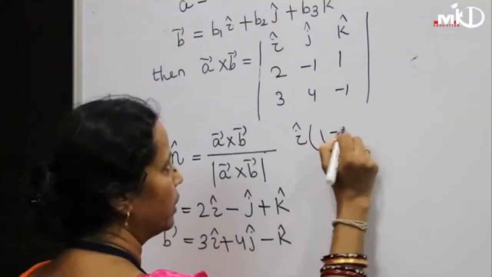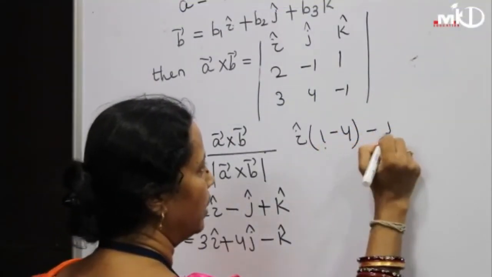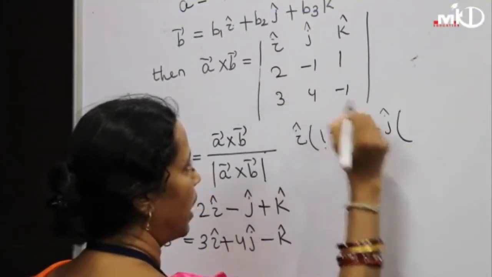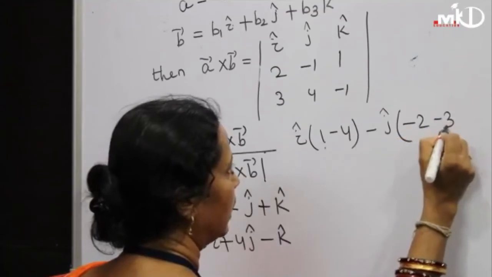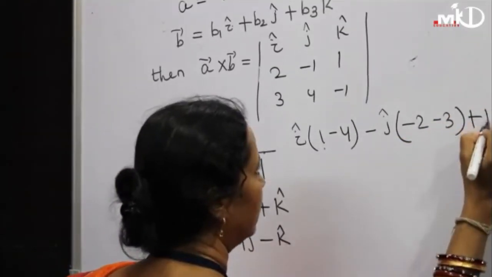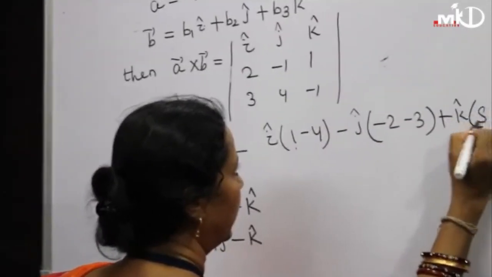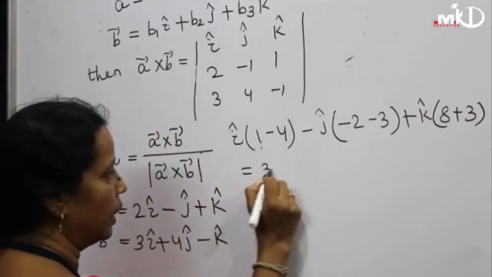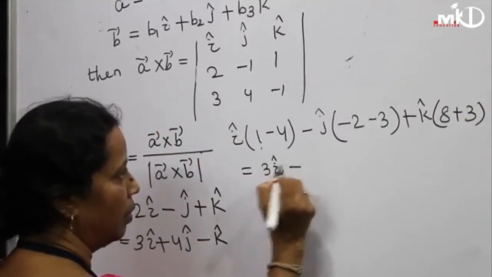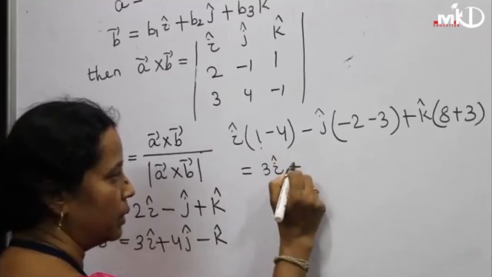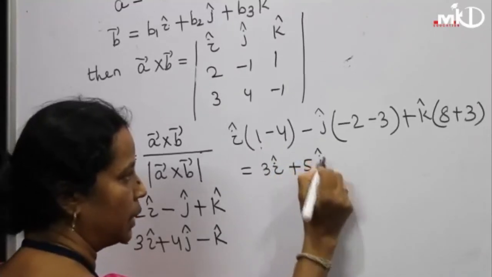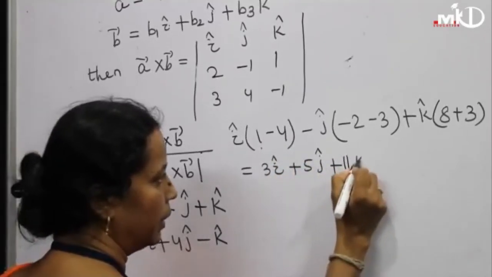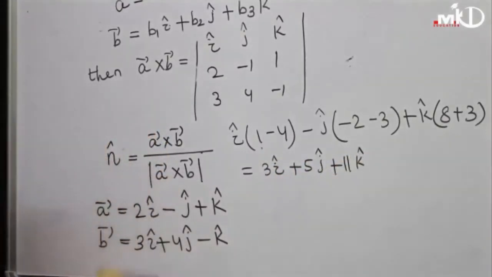So it is i cap into 1 minus 4, minus j cap into minus 2 minus 3, plus k cap into 8 plus 3. That is equal to minus 3i cap minus 5 into minus j, that is plus 5j cap, plus 11k cap. Now this is our vector A cross B.